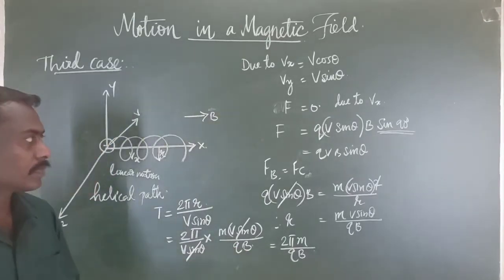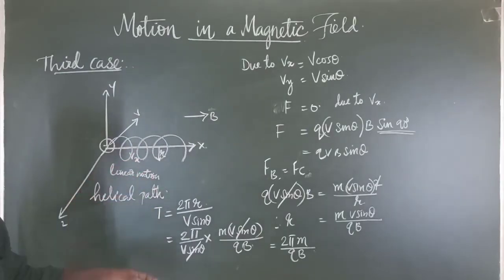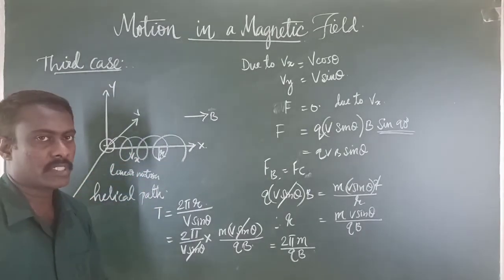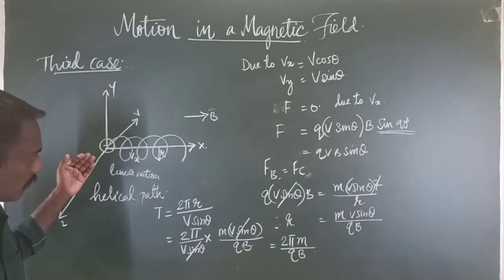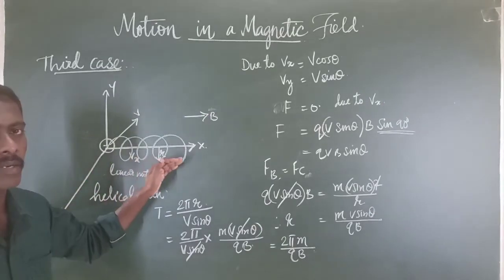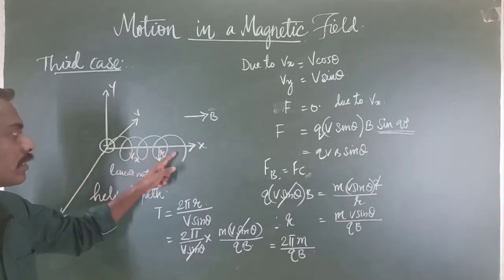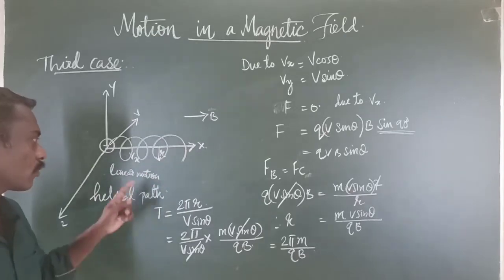Now, what is the pitch of this circular motion? What do you mean by pitch? Pitch is the distance travelled by the charged particle along the x-axis, that is along the vx.